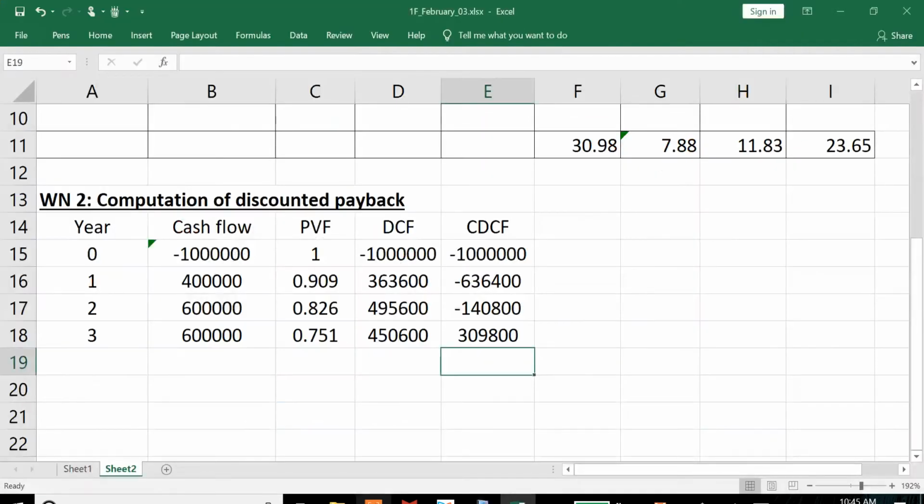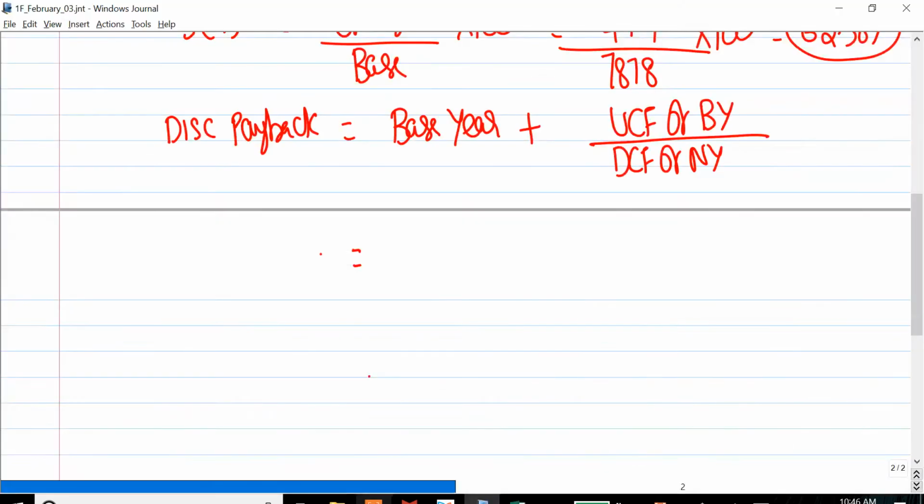Base year refers to the last year in which cumulative cash flow is negative. Year 0 negative, year 1 negative, year 2 negative. So that's the base year. Year 3 it becomes positive.